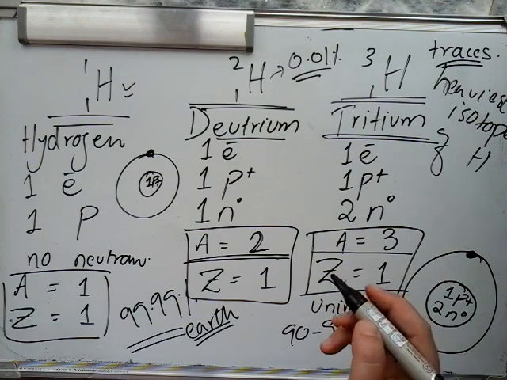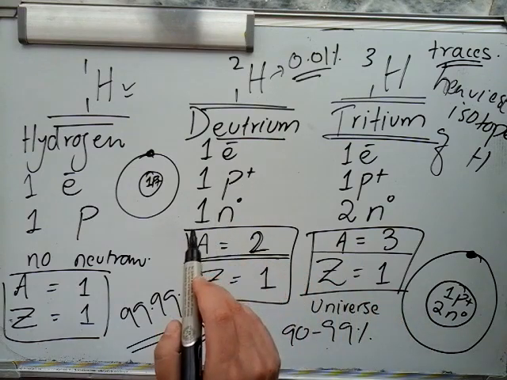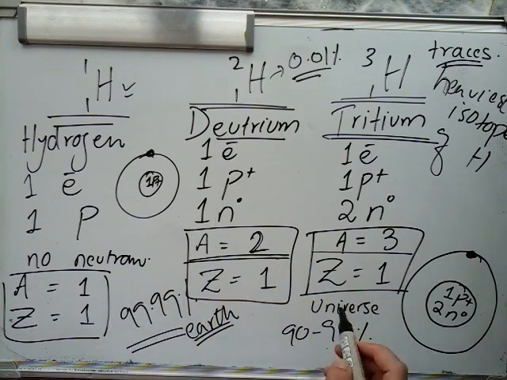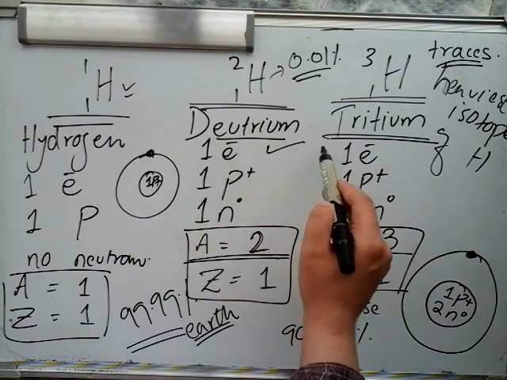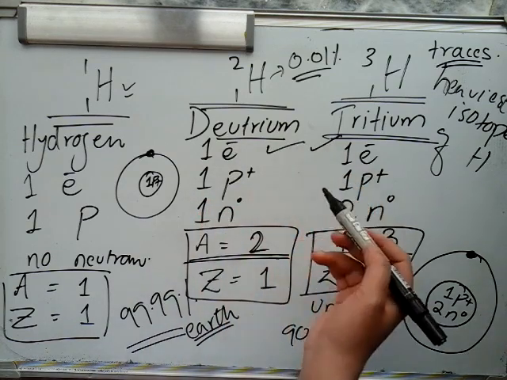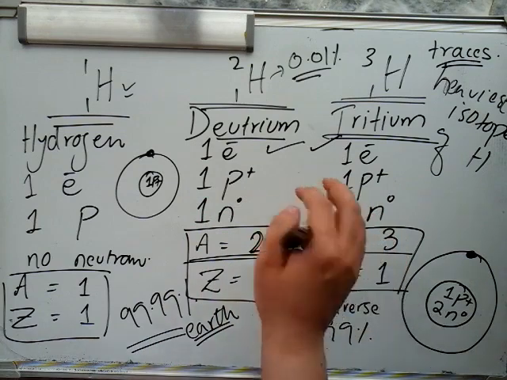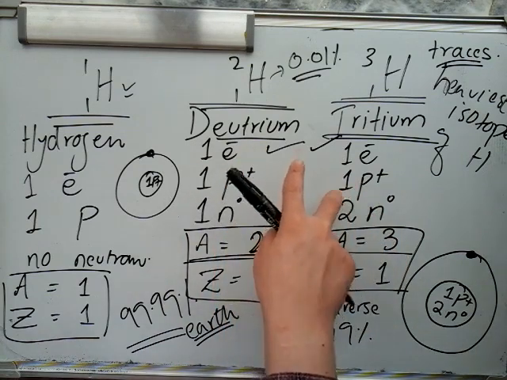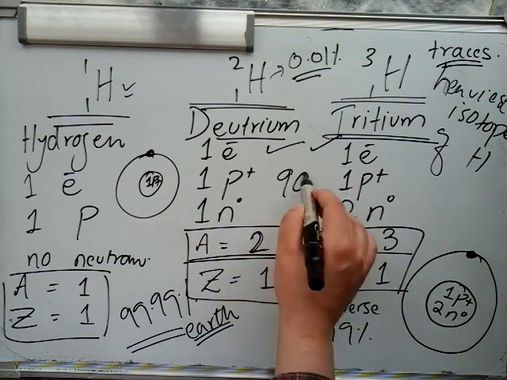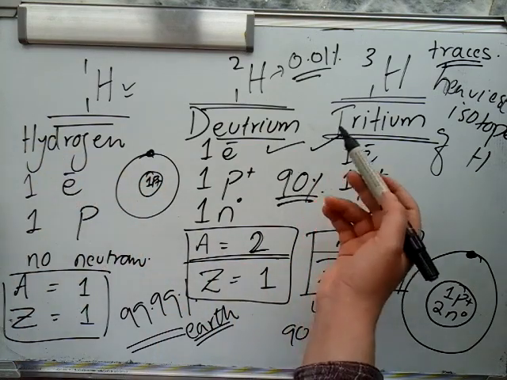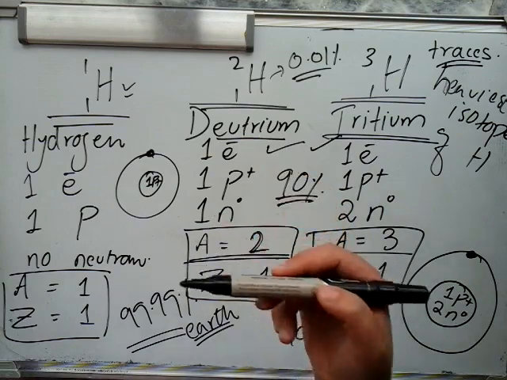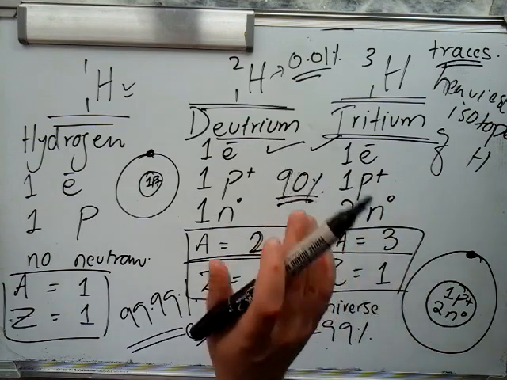Why? Because the stars and the sun consist of deuterium and tritium in large amounts, more than 90%. But on Earth, these 2 isotopes of hydrogen are present in very small traces, in very lesser amounts.